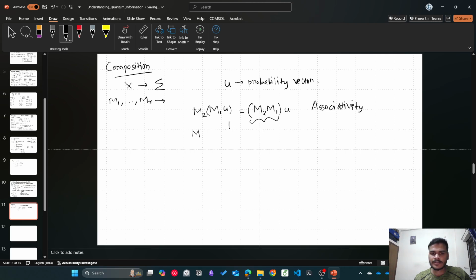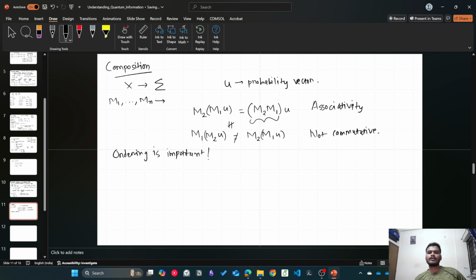We cannot write it as M1, M2, U. It is not equal to M2, M1, U. Got it? Because matrix multiplication is not commutative. So the important thing is ordering is important. And if we are maintaining the order, we can multiply the matrices and directly apply it to the probability vector.